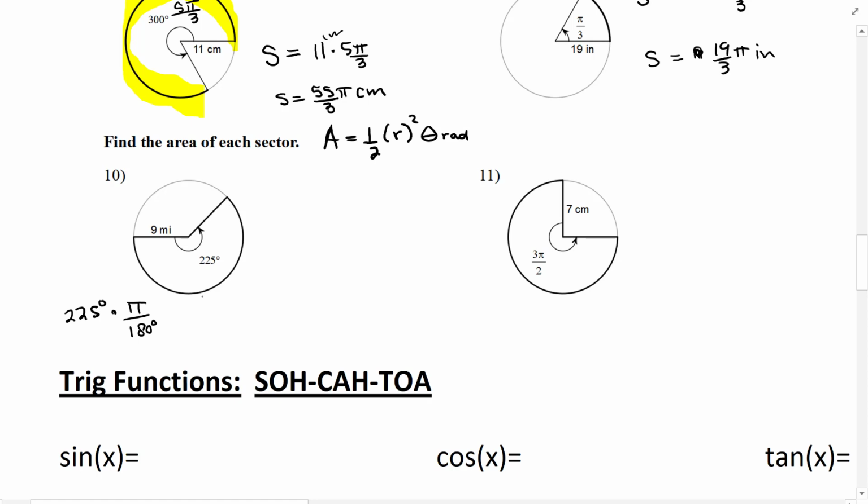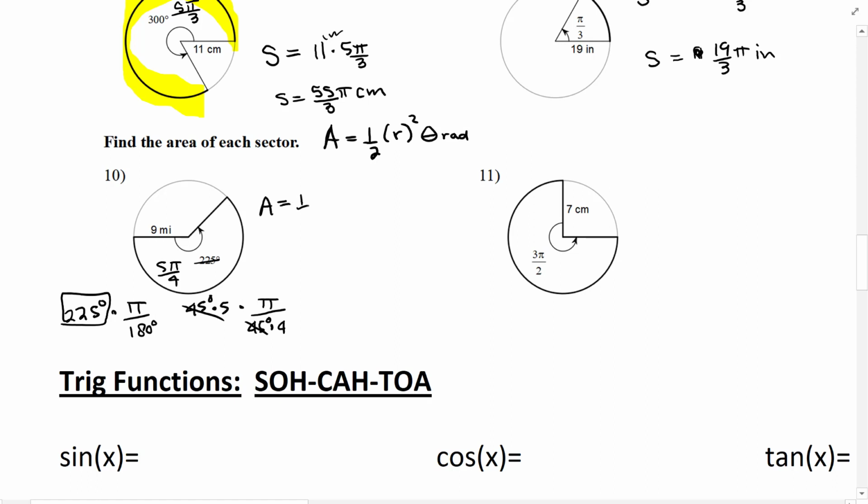So let's see. 45 times 5 is 225 times pi over. Well, 180 is 45 times 4. So those cancel again. You can also use your calculator. So we have 5 pi fourths.